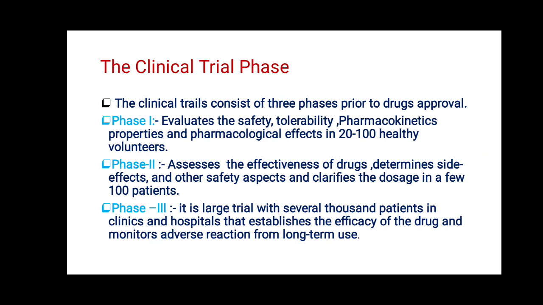There are 3 clinical trial phases. In phase 1 we evaluate safety, tolerability, pharmacokinetic properties and pharmacological effect in around 20 to 100 people. In phase 2 we assess the effectiveness of the drug, determine side effects and other safety aspects, and clarify the dosage in a few hundred patients.